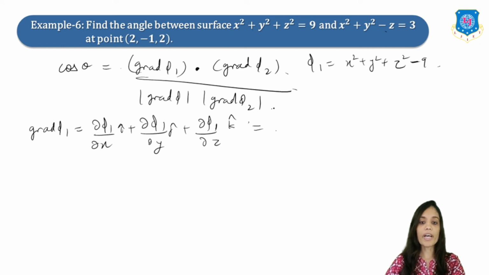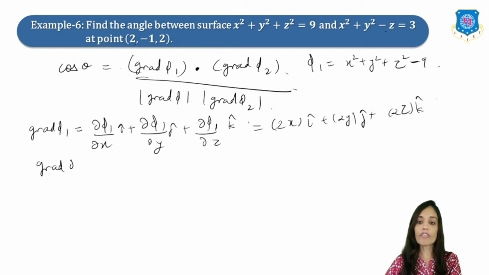The answer of the partial derivative will be 2x, 2y and 2z. So now put the point 2, minus 1, 2. So gradient of phi 1 at 2, minus 1, 2, if I put x as 2, y as minus 1, z as 2, will be 4 i cap minus 2 j cap plus 4 k cap. So this is your first answer.